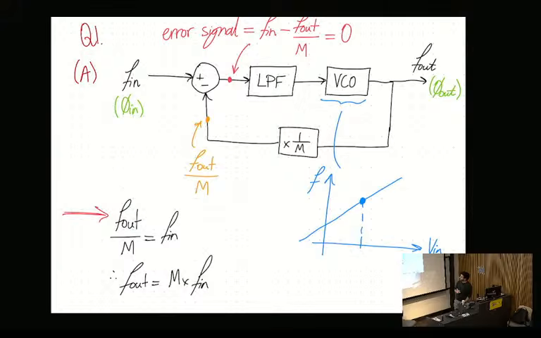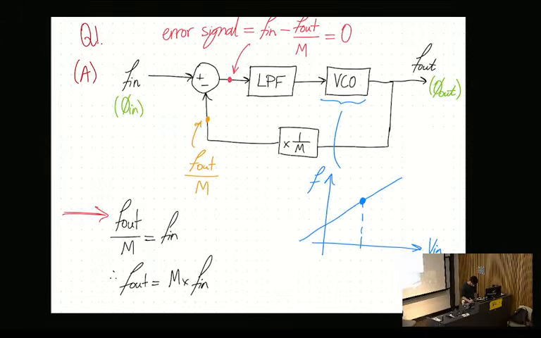Let's say this is the steady state signal, which will indeed give me a 0 error signal. If the output is too high, so I have a positive error signal, that positive signal goes here and increases the input signal here. That means the output increases slightly in frequency. A slight increase in voltage leads to a slight increase in frequency.